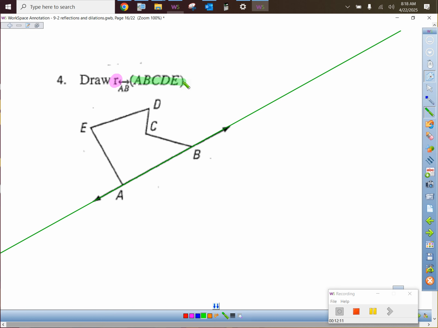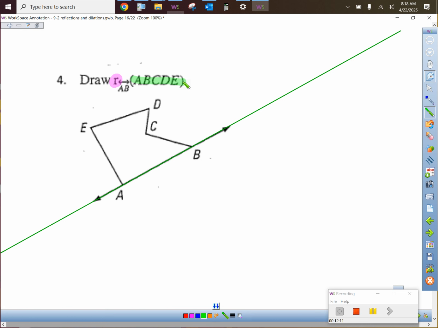Let's start with A. Where is A located in relation to the line we're trying to reflect over? It's on it, right? Somebody said 0 units away. Would you believe it is 0 units away from the line? Should we put an A prime? No. If the point is on the line, we don't have to reflect it. We don't get a new point.